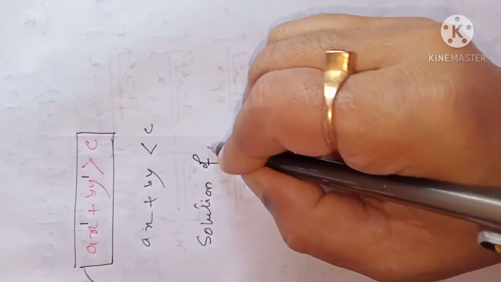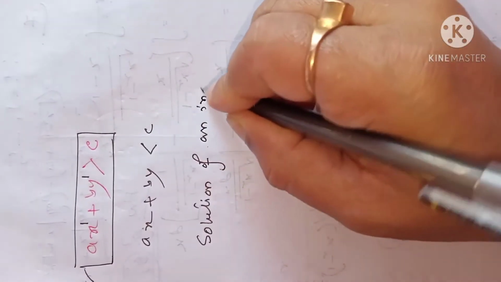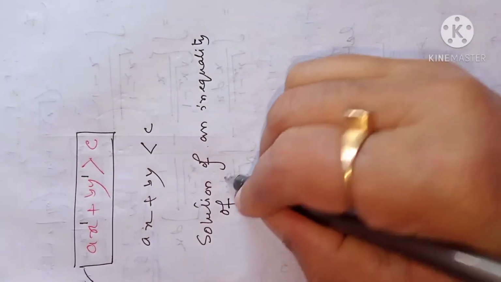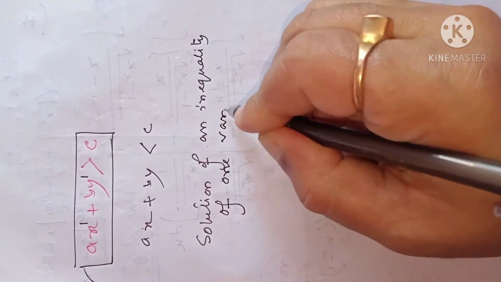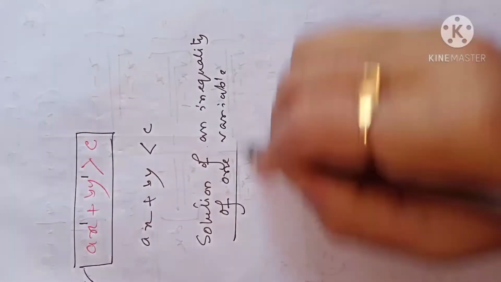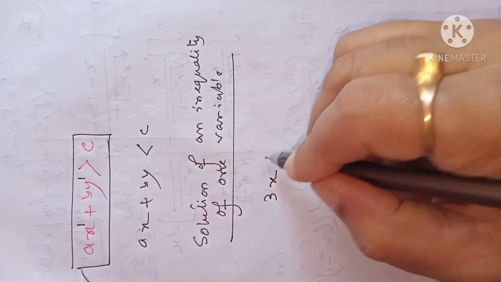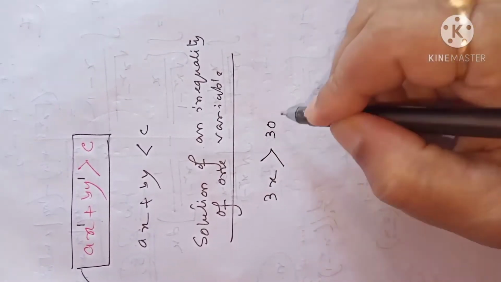Now, solution of an inequality in one variable. Suppose there is an inequality says 3x greater than 30.